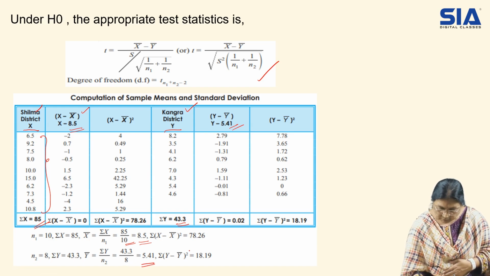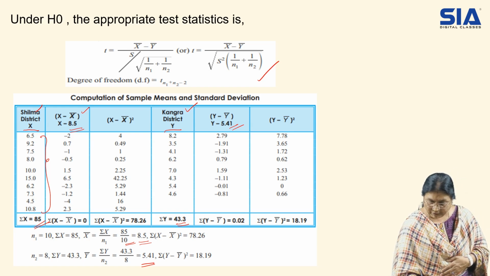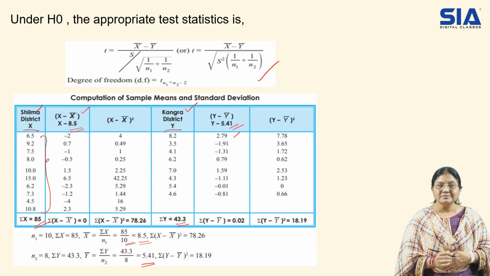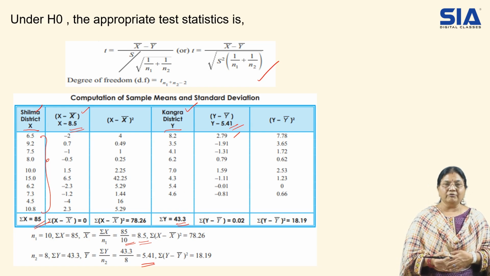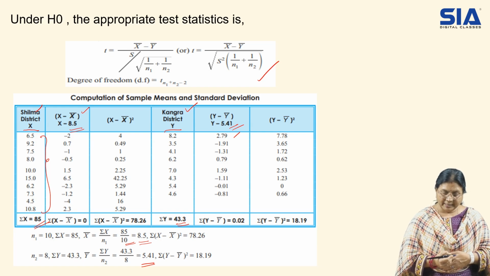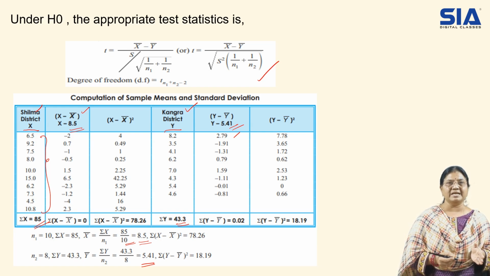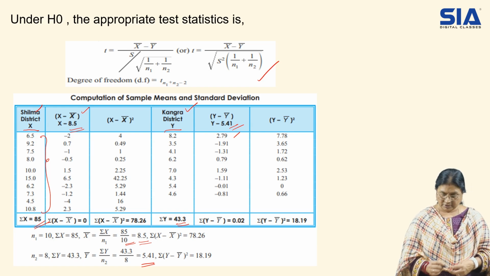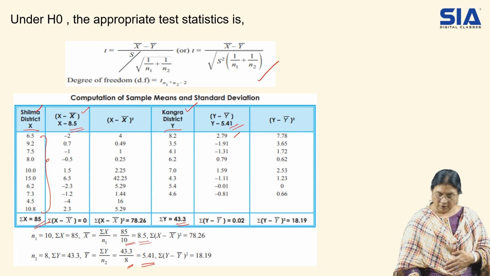Again the same thing: I am subtracting that value from y, that is y minus y bar, which is 8.2 minus 5.41, equal to 2.79. In a similar way, I have calculated for all the y values given. Here the x set is 10 farmers' observations and the y set is 8 observations, so that is the reason it is divided by 10 and by 8.